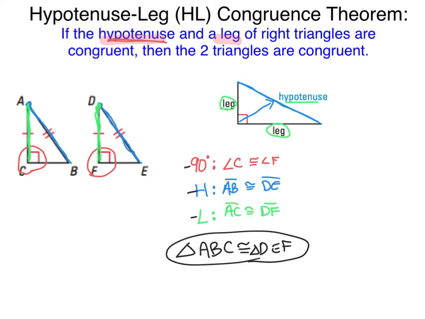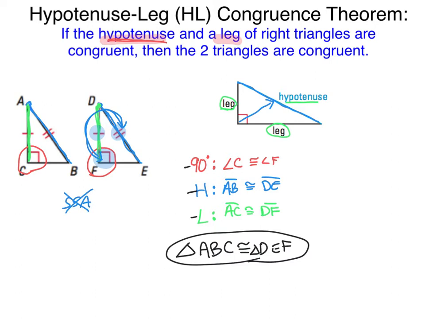So this is the hypotenuse leg congruence theorem, how you can set it up. And this works, but if you look at it, notice what you have in congruence. I end up having angle, side, side. Or what I would rather say is side, side, angle. Normally that doesn't work.